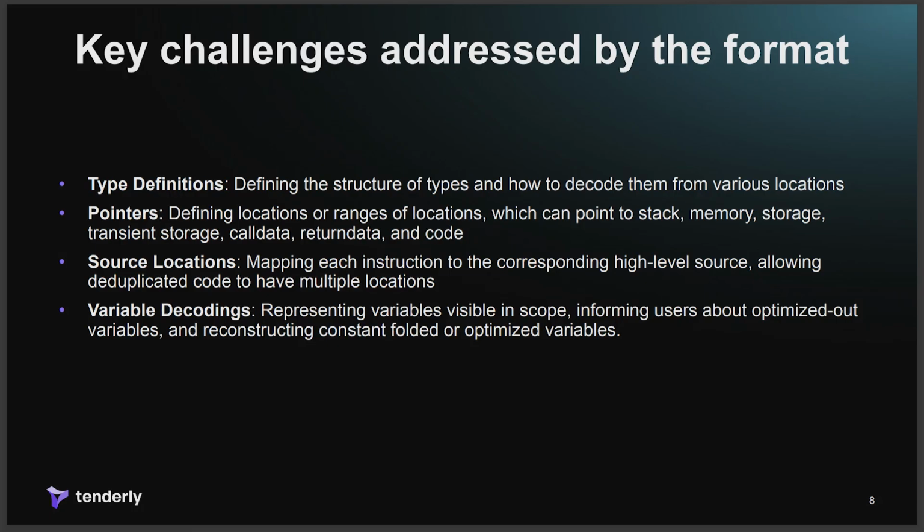Let's see now what are some of the key challenges that the format is trying to address. So the high-level idea, of course, is to help tooling companies build better and more reliable features. What's the first thing, and one of the biggest problems that we have right now, is the full type definition.